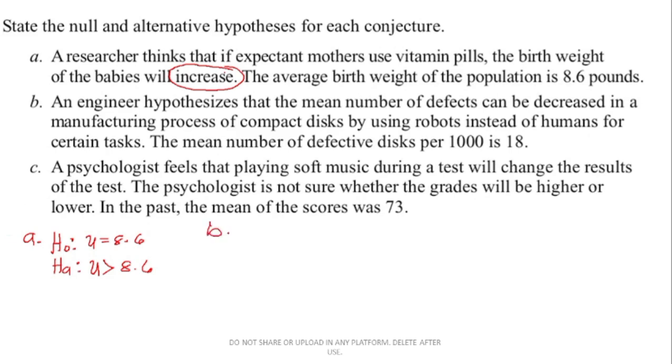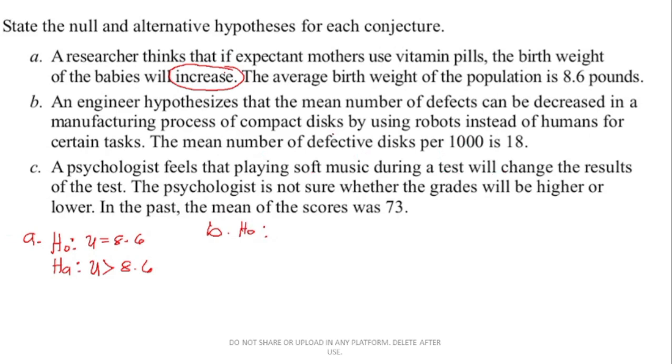For letter B, an engineer hypothesized that the mean of defects can be decreased in the manufacturing process of compact discs by using robots instead of humans for certain tasks. The mean number of defective discs per 1,000 is 18. So, our null hypothesis would be the mean of defective discs per 1,000 is 18.